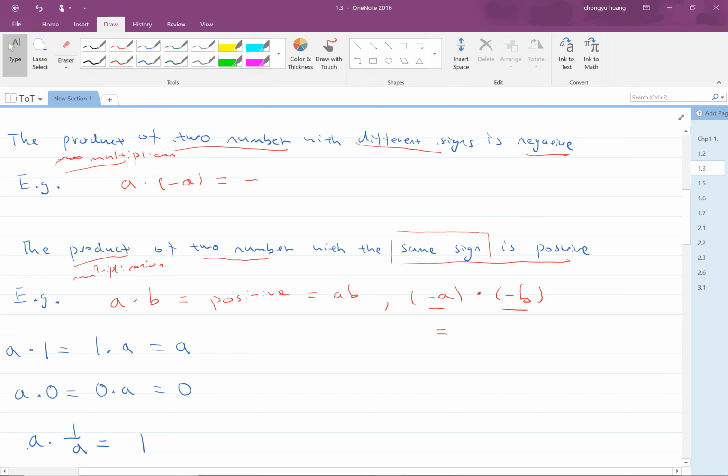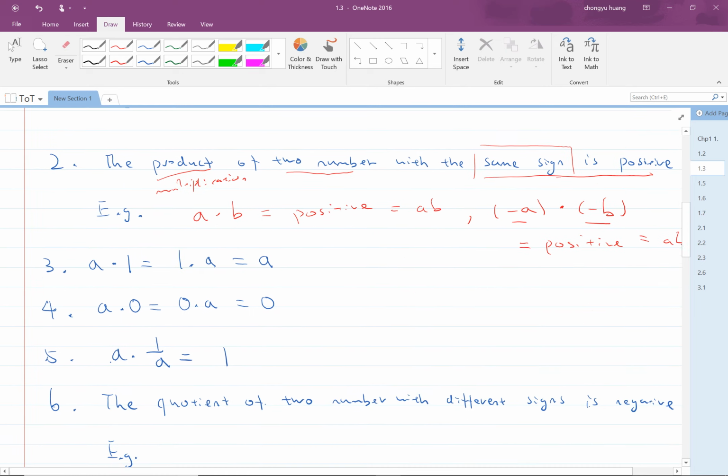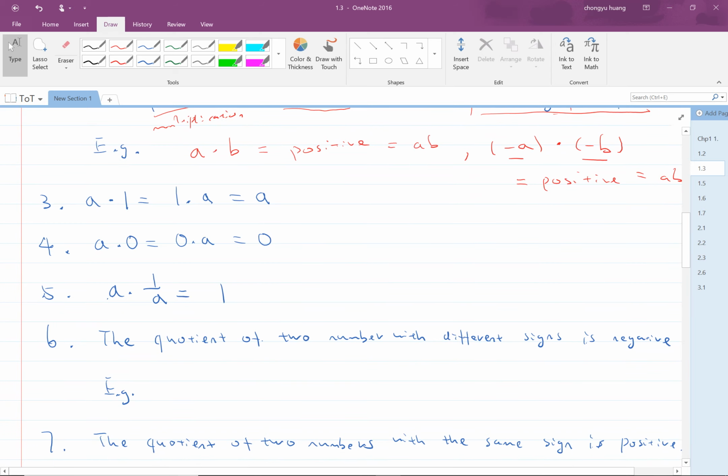So no matter whether they are positive or negative, as long as the two numbers have the same sign, the product is going to be positive. The example already shows it, so keep that in mind.